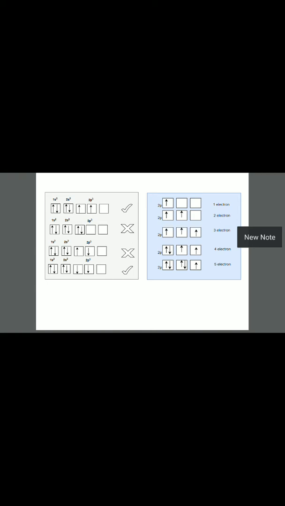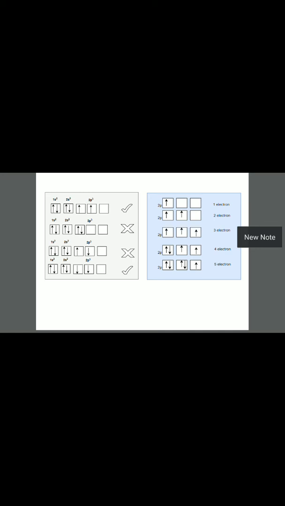But if you arrange them as one upward and the other downward in the same p orbital, then it is wrong. It's quite clear from the picture. One other example: if you have to arrange 4 electrons in the 2p subshell, they are arranged as px2, py1, pz1, meaning one pair and single electrons.